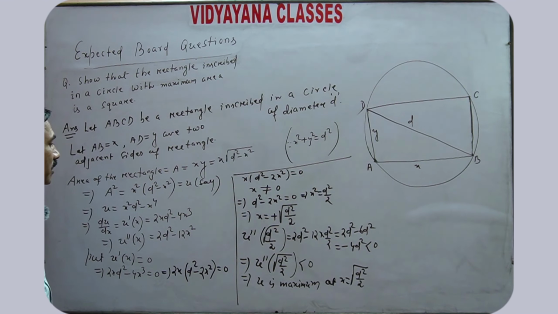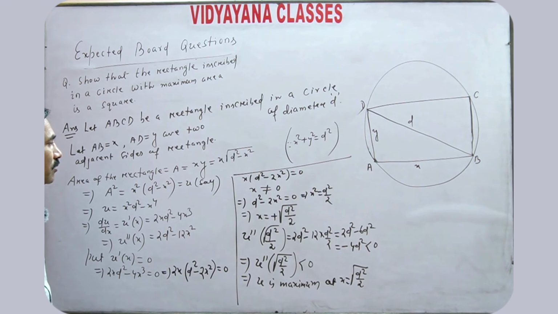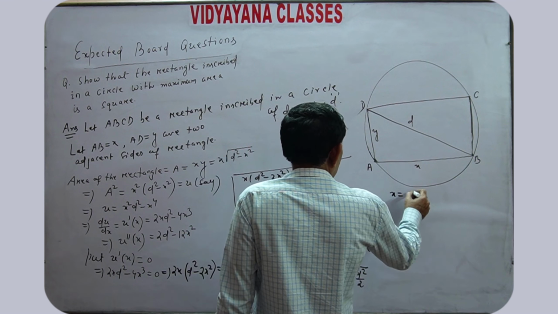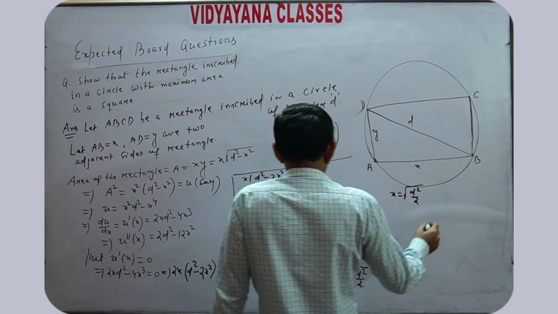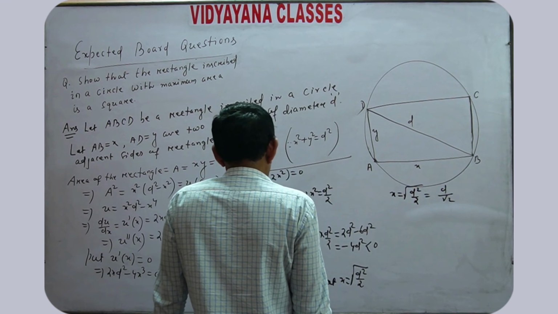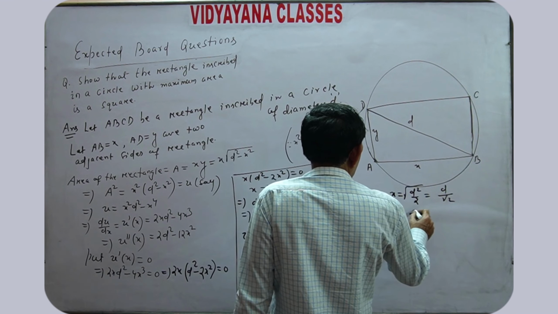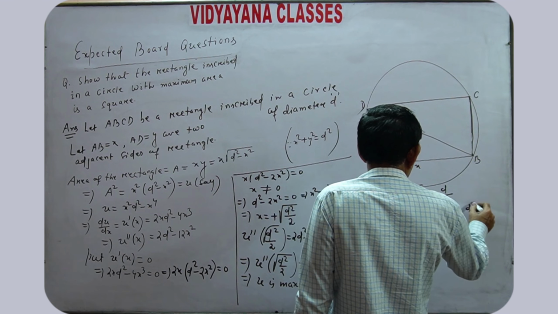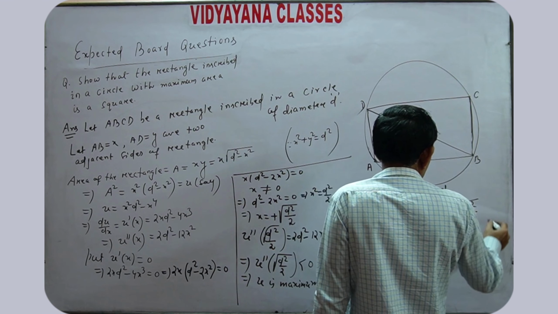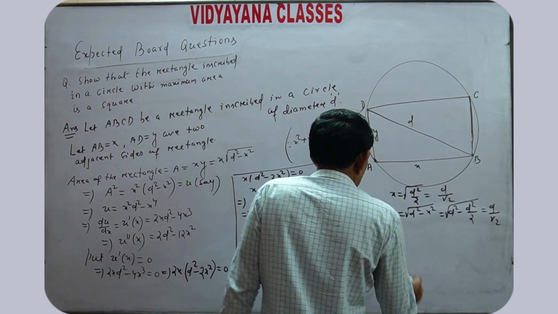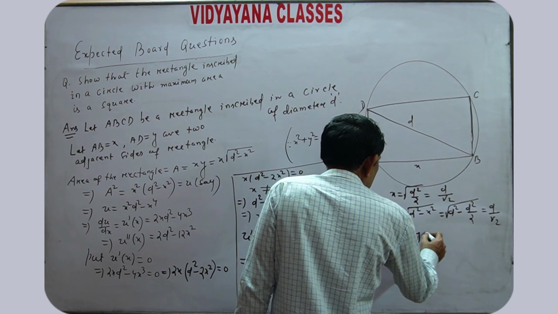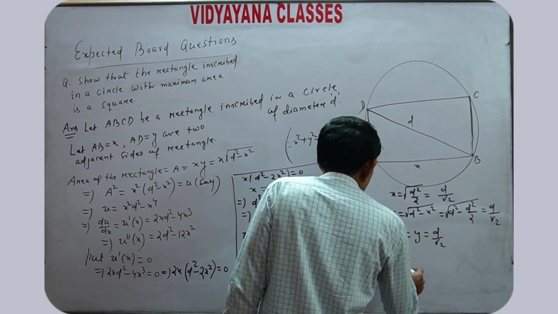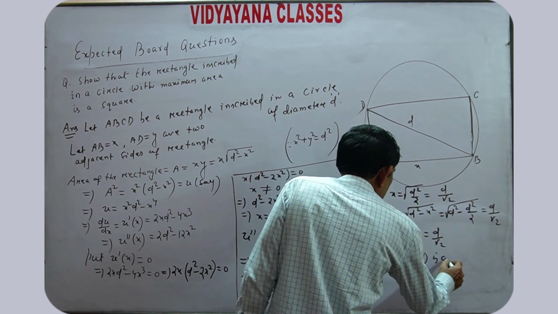We have to show the rectangle is a square. That means x is equal to y. x is equal to square root of D square by 2, which is equal to D by root 2. y is equal to square root of D square minus x square, which is equal to square root of D square minus D square by 2, which is equal to D by root 2. x is equal to y is equal to D by root 2, which implies ABCD is a square.